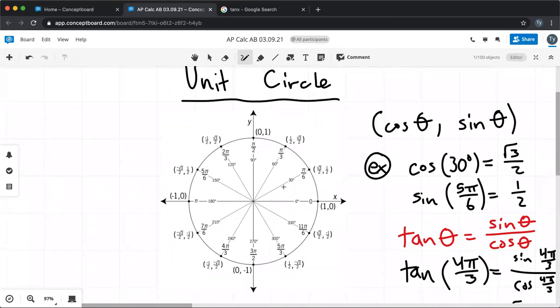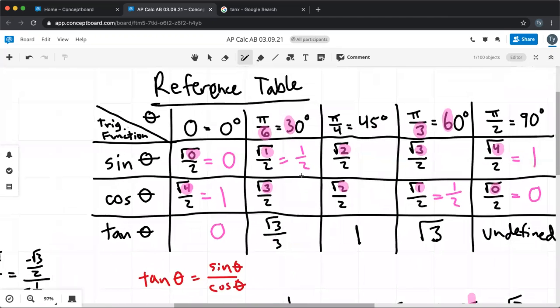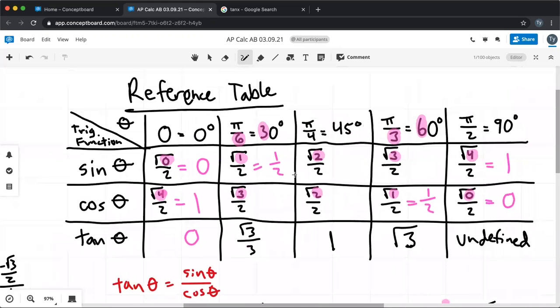I'm always hesitant to bring up this reference table method because it can be potentially more confusing if you've already spent a lot of time looking at the unit circle. So you by no means have to use this. I personally like this because 1, it's less information to memorize. You just have to use a little more logic to compensate. And 2, you can see this really nice pattern that we described earlier.